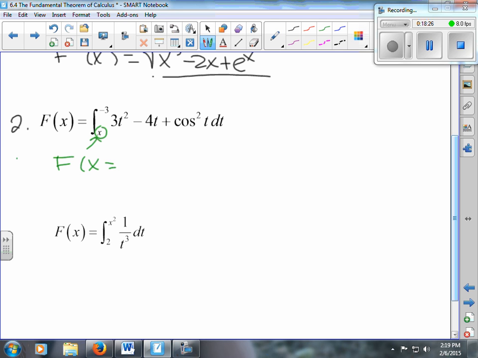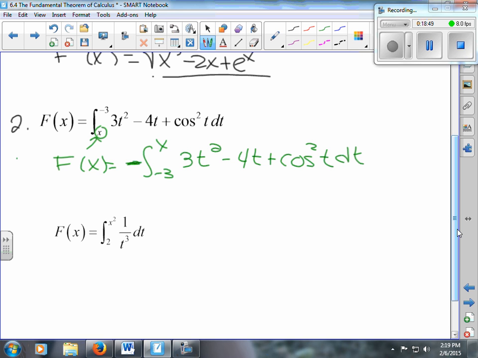You can reverse this as long as you negate. So you can flip your upper and lower bounds, but that means you get the negative integral. Your integral is the same area but negated. And so all I've done here is rewritten the question, but I flipped the a and b, which means I added a negative. And that's one of those properties of integrals.